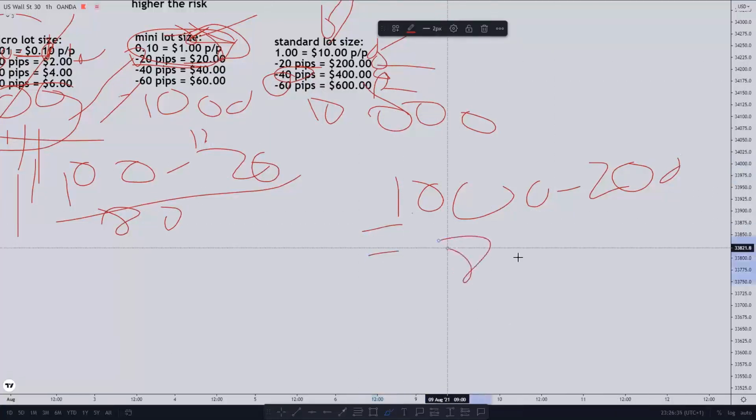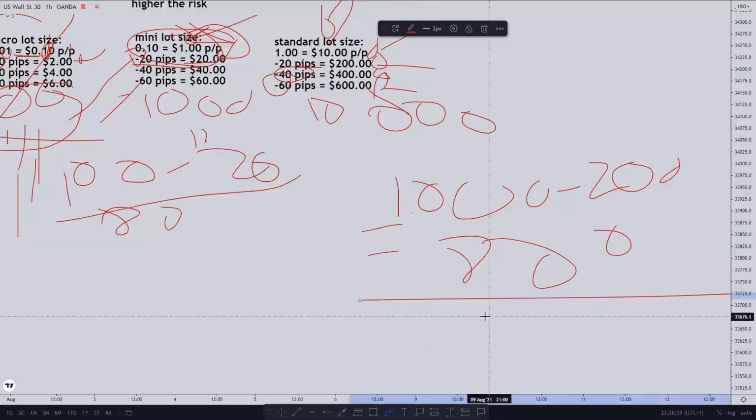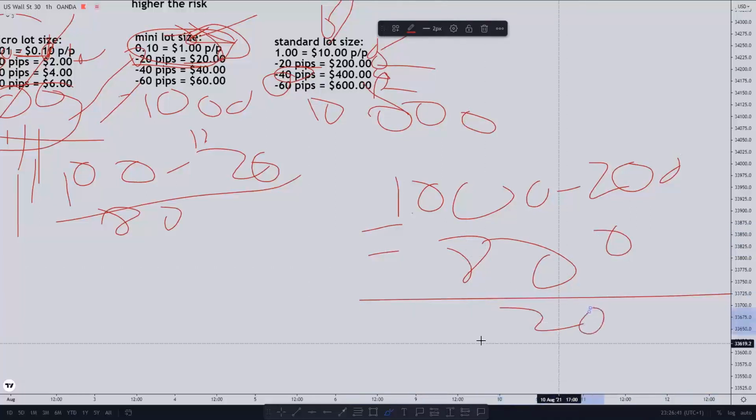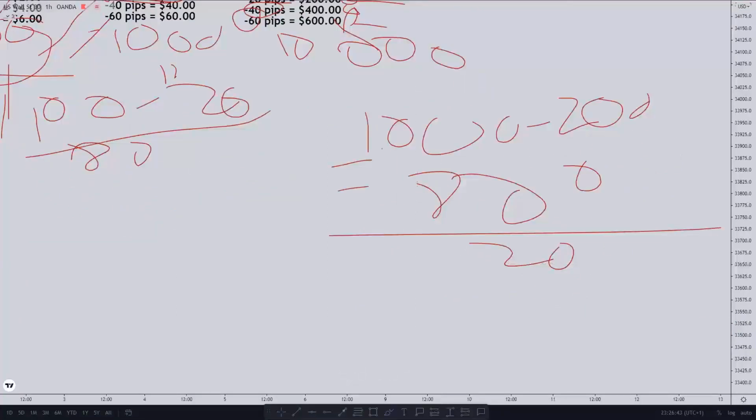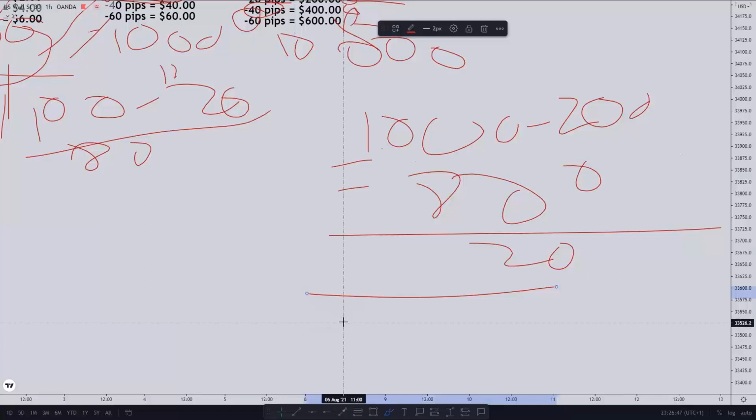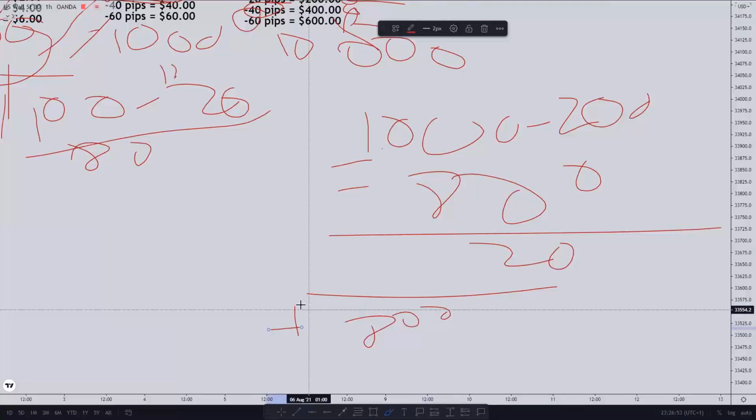Now you're down by 20%, and your account is left at $800 by just taking one position.